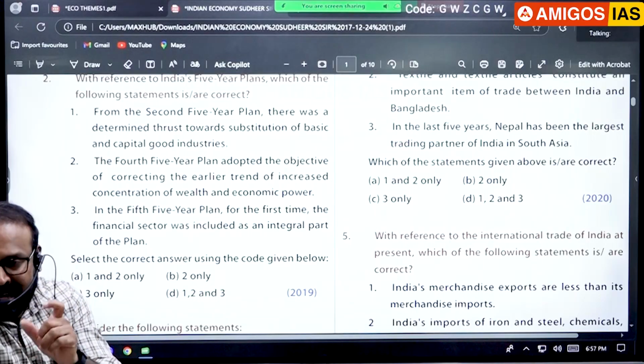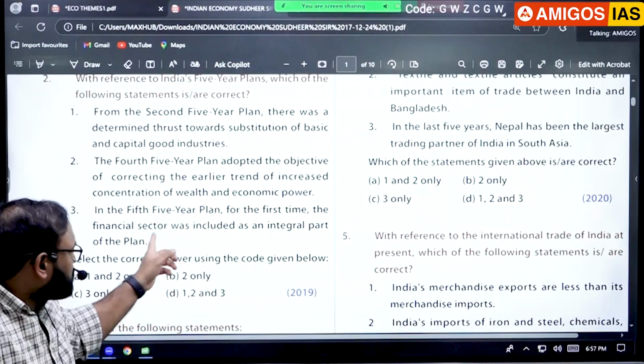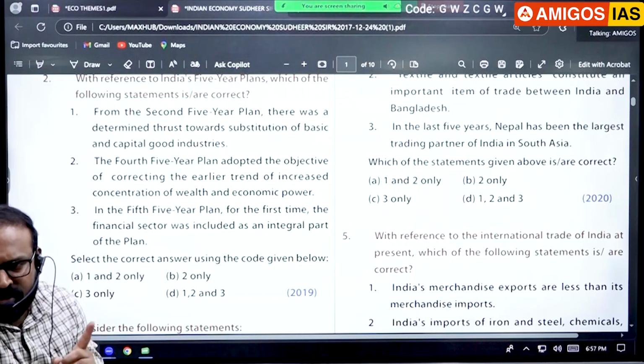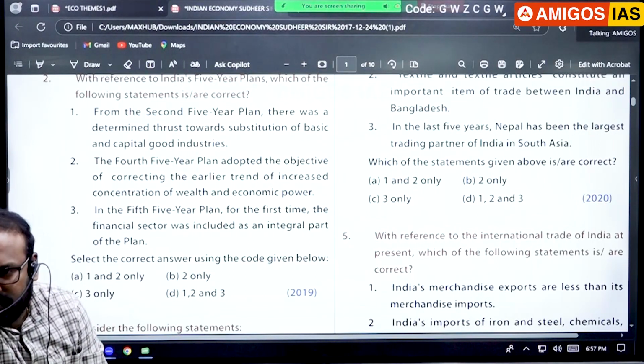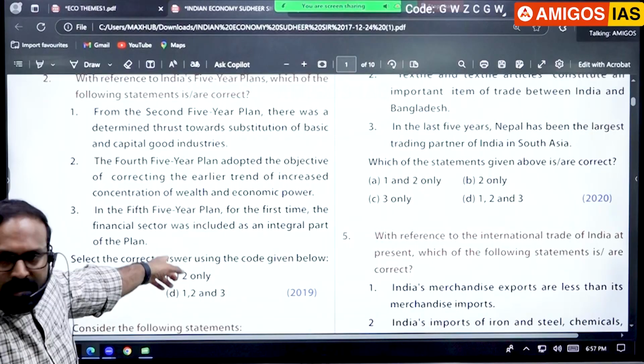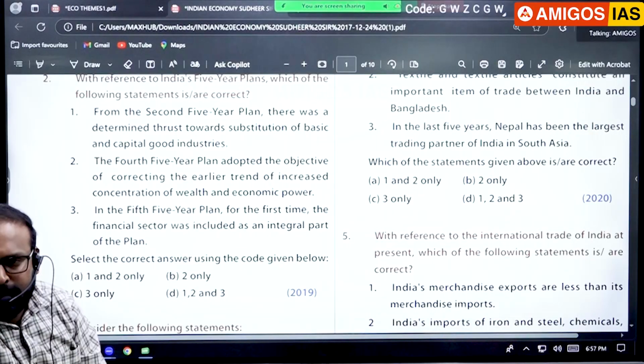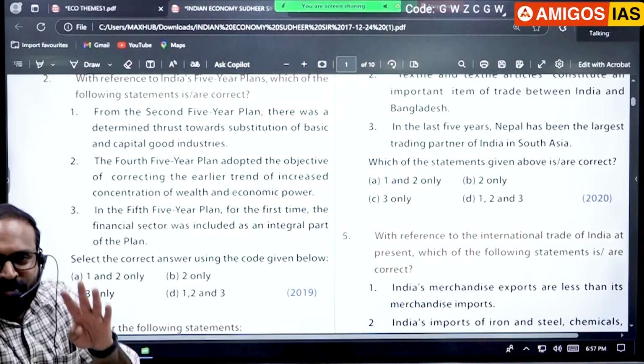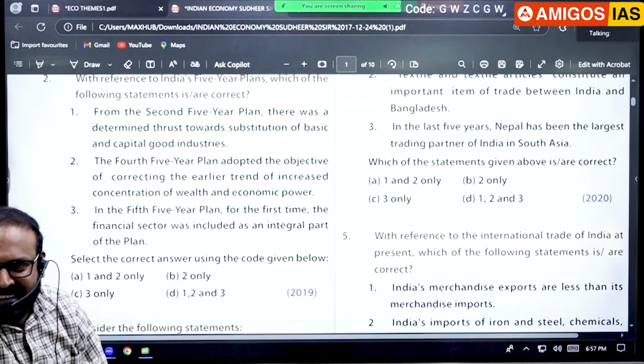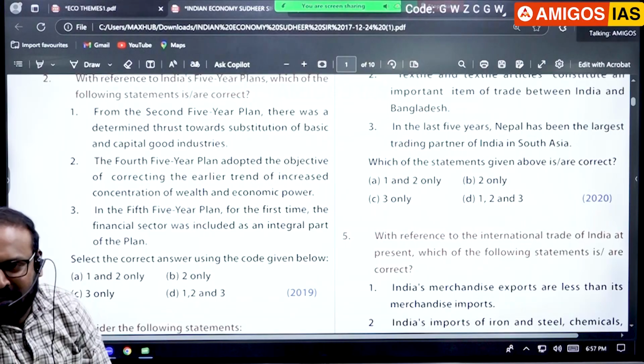The first tectonic reform that happened in financial sector was bank nationalization. In which year? 1969, I guess. And in 1969, in India, it is the fourth five-year plan.